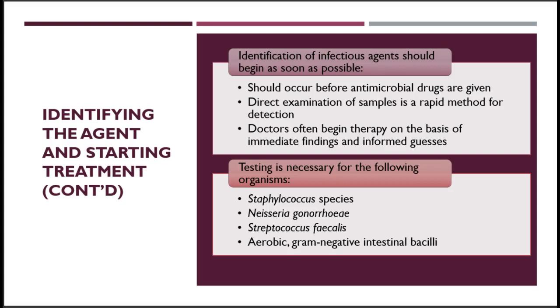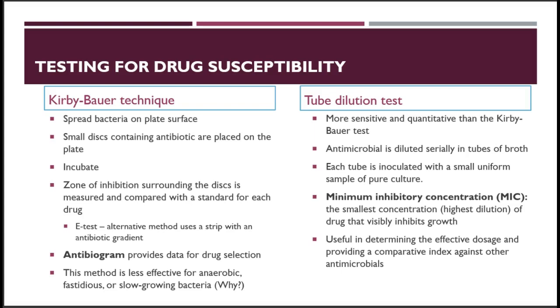And those are all of the Staphylococcus species, especially Staphylococcus aureus, Neisseria gonorrhea, Streptococcus faecalis, and most aerobic gram-negative intestinal bacilli. So these are organisms that really need to be identified and have some antibiotic susceptibility tests performed prior to treatment. There are a few tests that are available to assess drug susceptibility in organisms, and we're going to look at these independently.